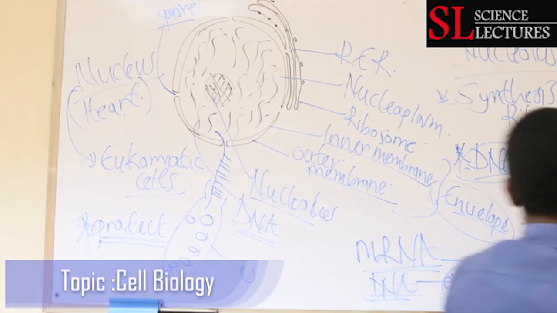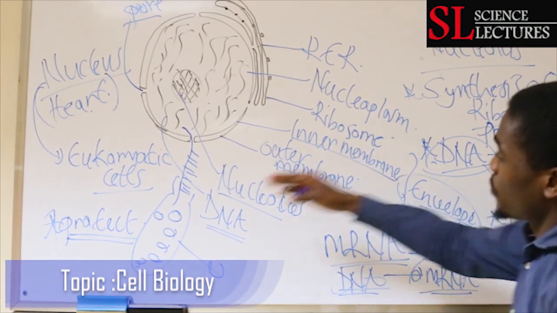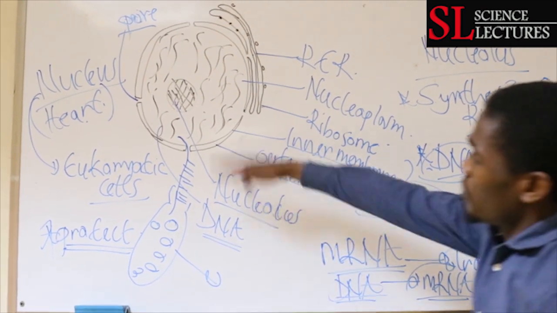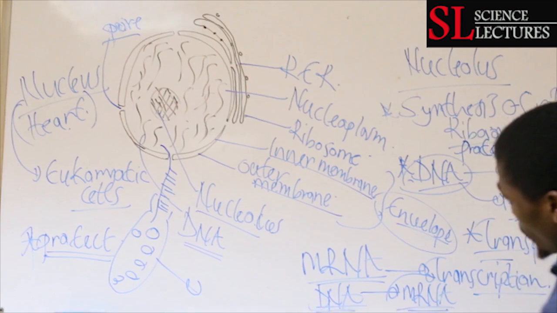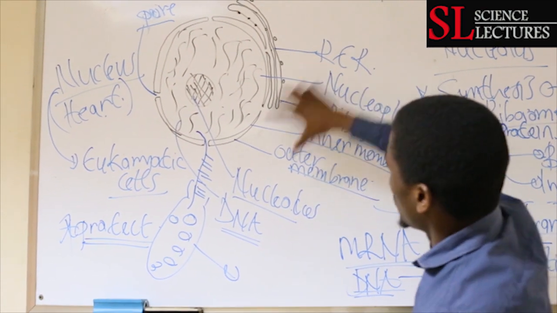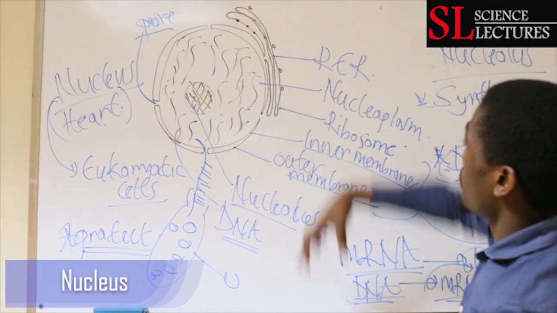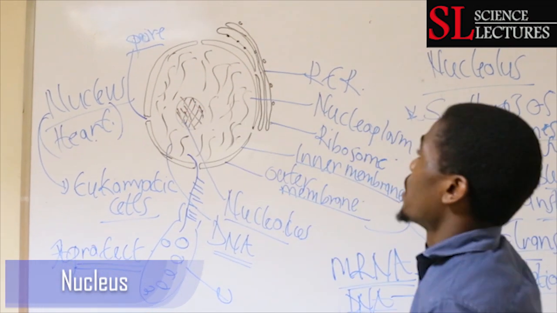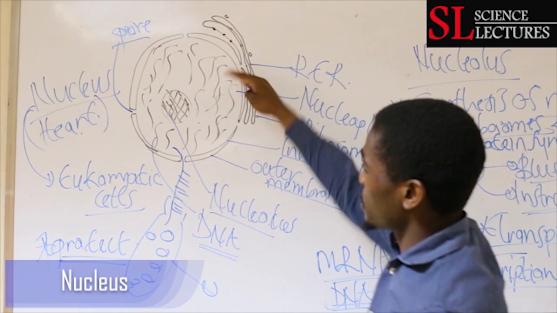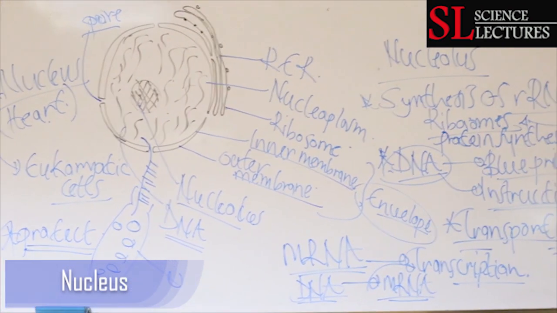So that is the function of the pores: transportation of materials in and out of the nucleus. Of course, the double membrane protects the genetic material of our cell, and it is attached to the rough endoplasmic reticulum. That is very important to note.